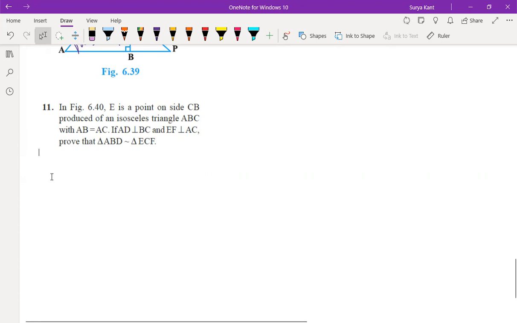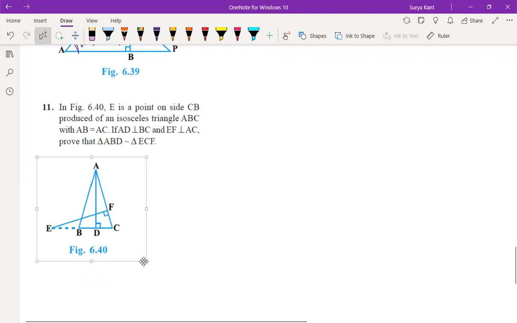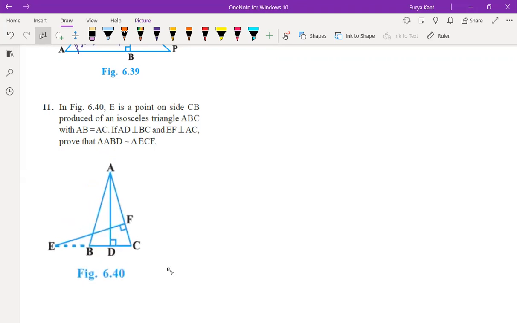If AD is perpendicular to BC and EF is perpendicular to AC, prove that triangle ABD is similar to triangle ECF. One minute, it's not coming, no. In figure 6.40, E is the point on side CB produced of an isosceles triangle ABC with AB equals to AC.